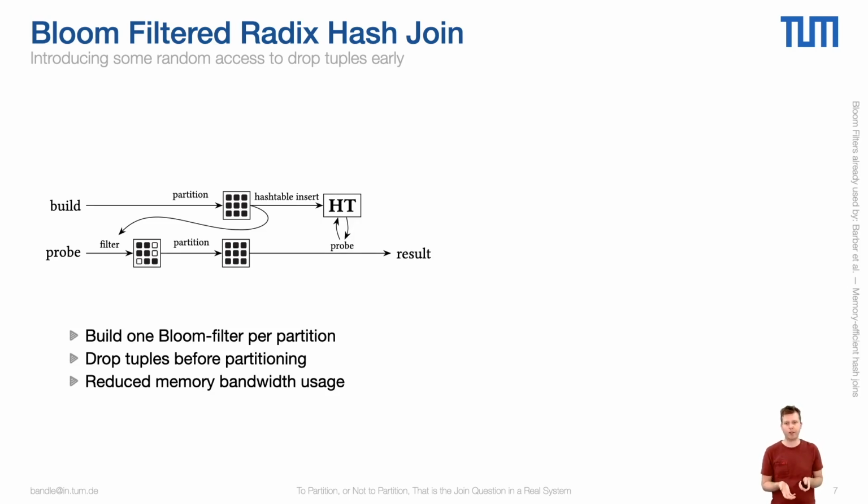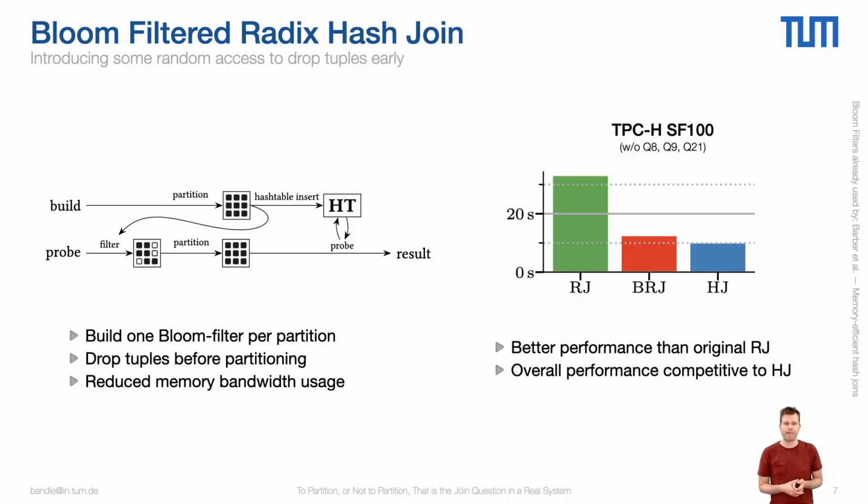It greatly reduces the memory bandwidth at the price of some random access early in the probe phase. But since the Bloom filter is a lot smaller than the actual hash table, the random access is actually not too bad. That means the performance of our Bloom filter partitioned join is far better than the original radix join for TPCH, and we are now competitive. Furthermore, we can also finish all the queries within our size budget.